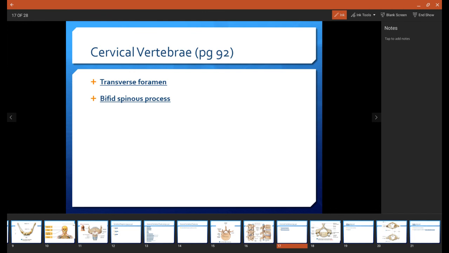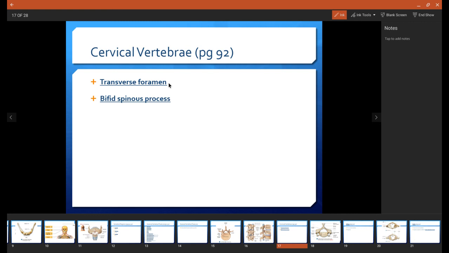Now, working on cervical vertebra, this will be our first region of the vertebral column. These two structures right here, if you find them on a vertebra, you immediately know it's a cervical vertebra because only these two structures are found on cervical vertebrae. And the first one is the transverse foramen, which is going to be a hole that goes between or pierces through each transverse process.